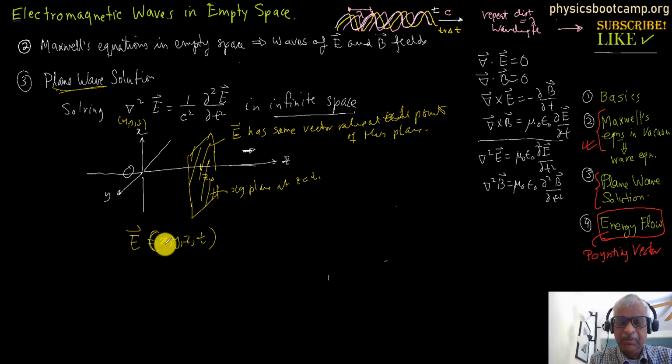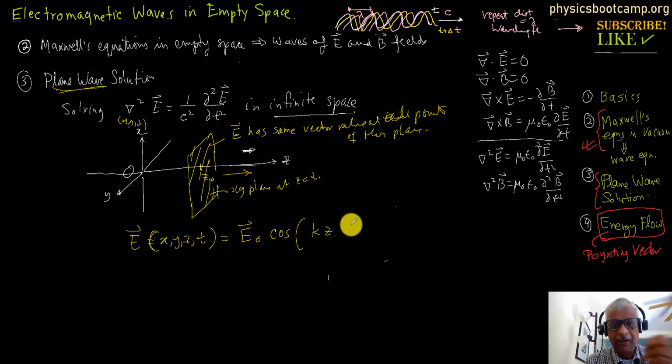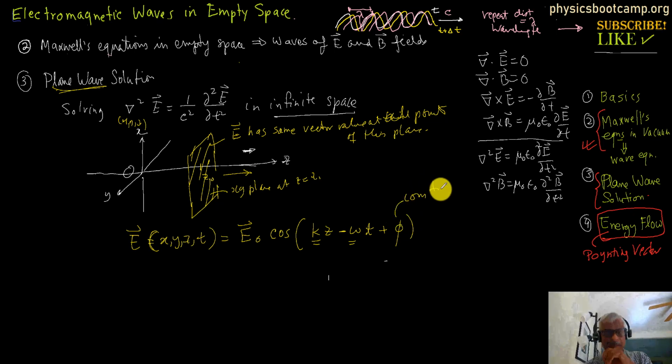It's multivariate, and it's going to be some constant, and we can do cosine, and because we want to travel along z, we're going to do kz minus omega t, where I'm going to define what k and omega are, plus some constant phi. If I pick the constant equal to pi over 2, then it will be a sine.